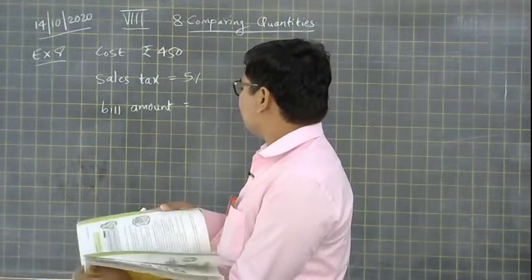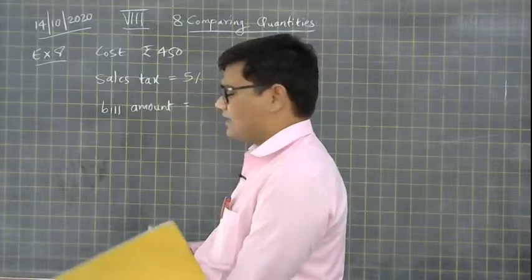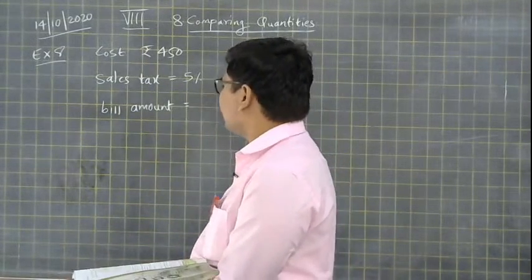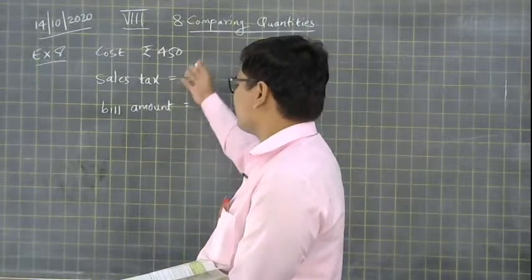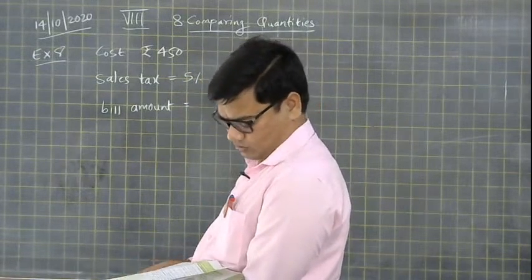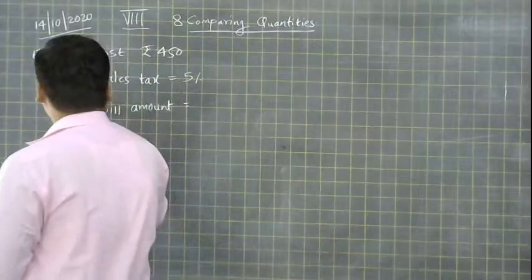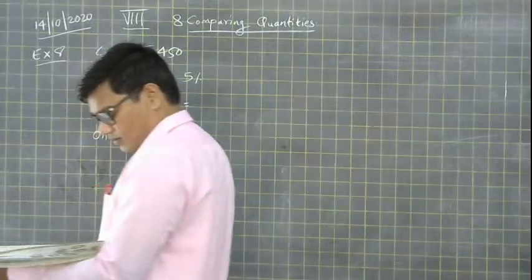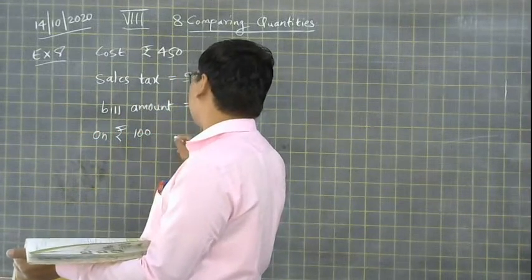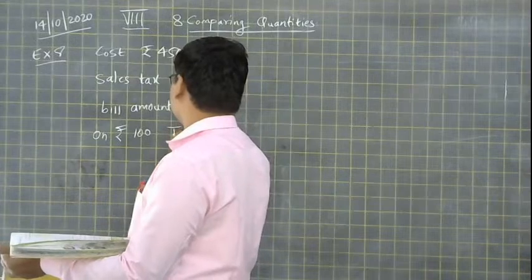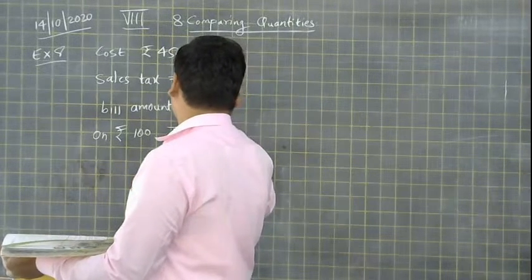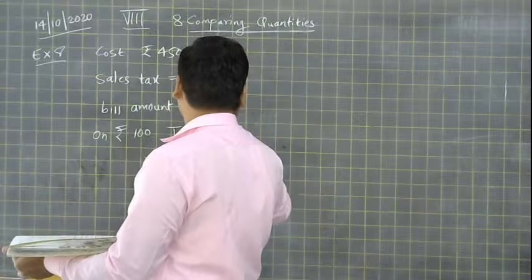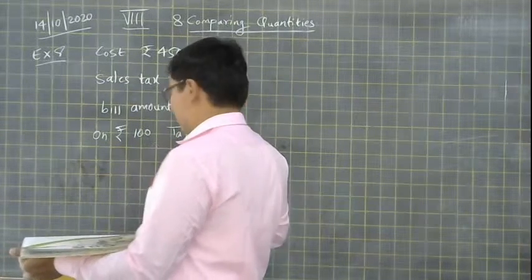First let us find out the tax, that is 5%, and then we will add that 5% to the cost to find out the bill amount. So on rupees 100, the tax paid was rupees 5.